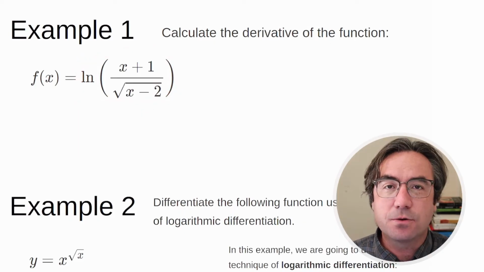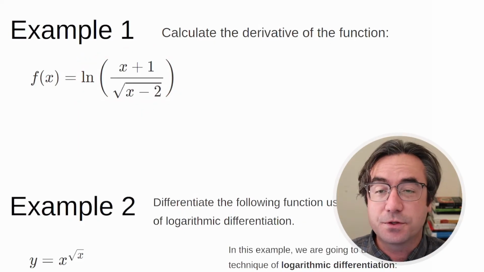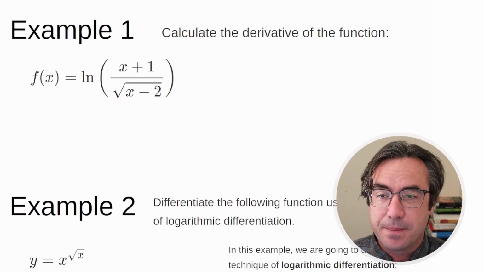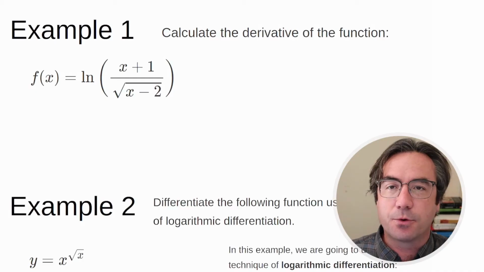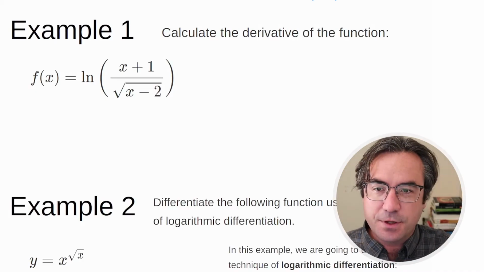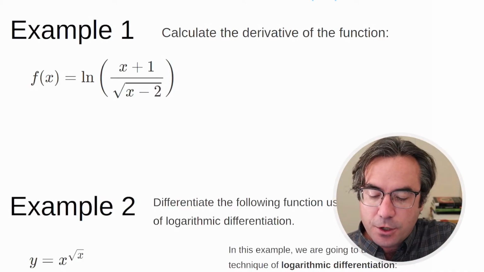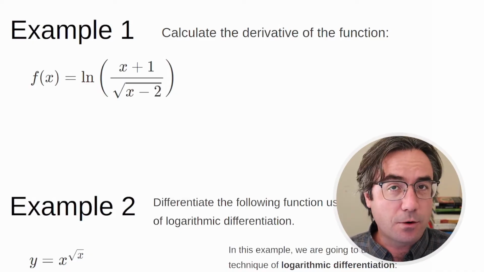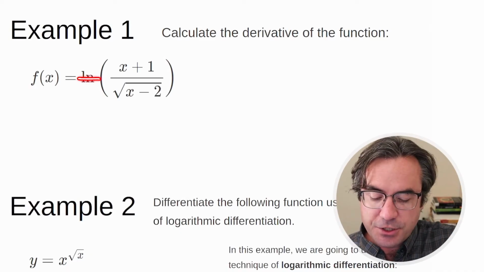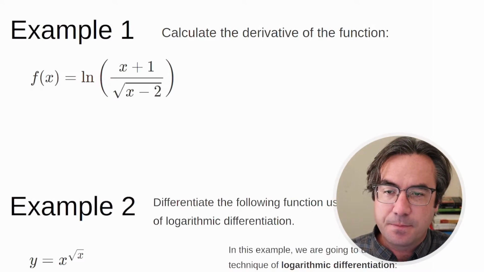Here we have the natural log of x plus 1 over the square root of x minus 2, and we want to differentiate this. We have all the rules at this point to just go through with it. If we were going to do this the hard way, we could use our general log rule first, so differentiate our way through the log function.